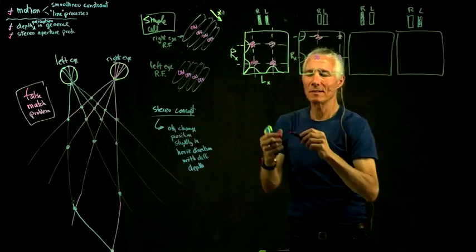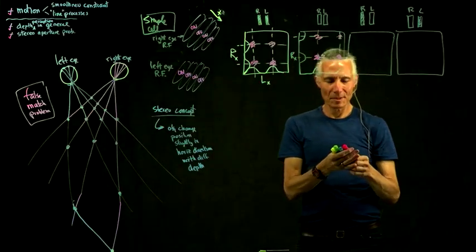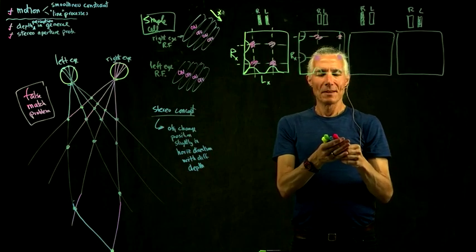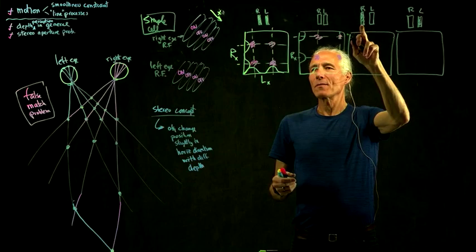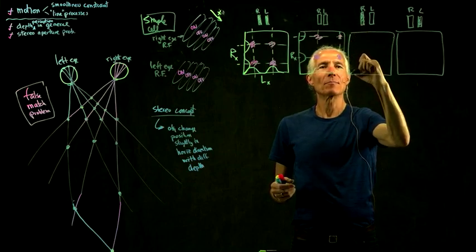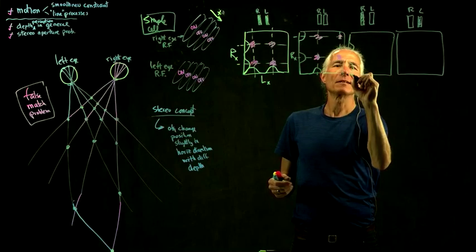What are the other possibilities? We could have a bright bar in the right, and then a dark bar in the left.